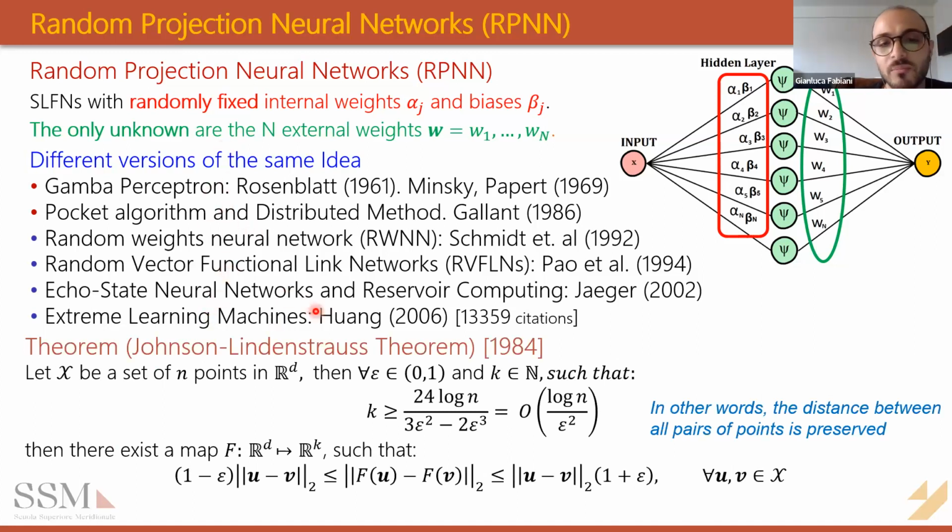We think that everything can actually be traced back to the Johnson-Lindenstrauss theorem, which says that if we have a set of n points in R^d and we have a given threshold, there always exists a map, a generic map from R^d to R^k, such that we can preserve the distance in the embedded space with this accuracy epsilon.